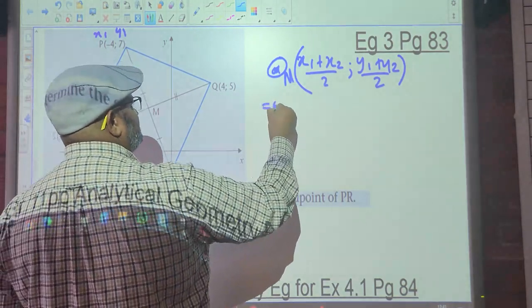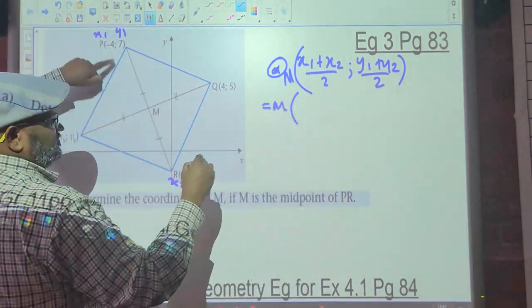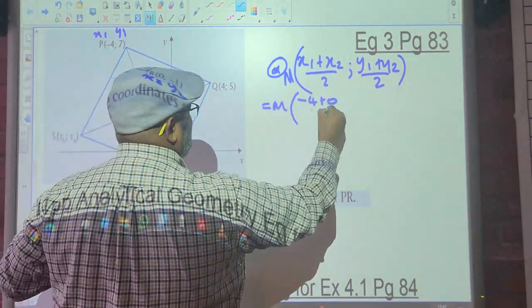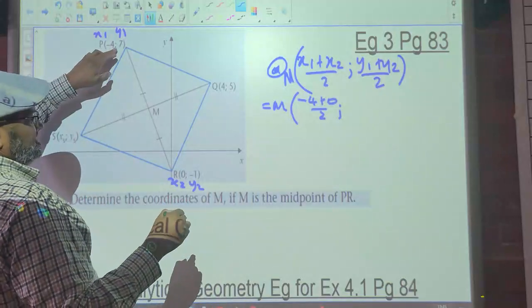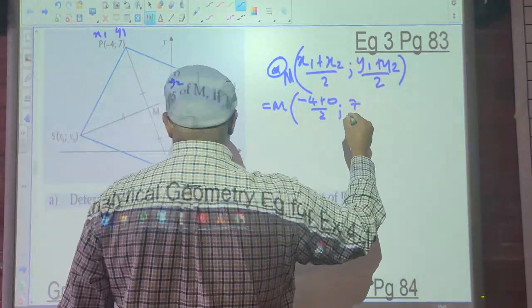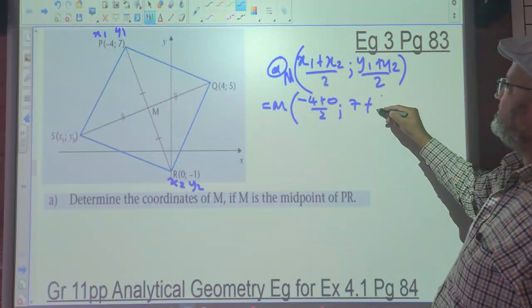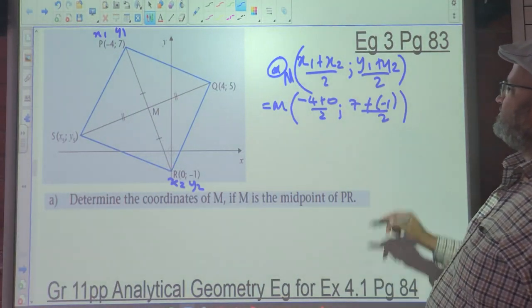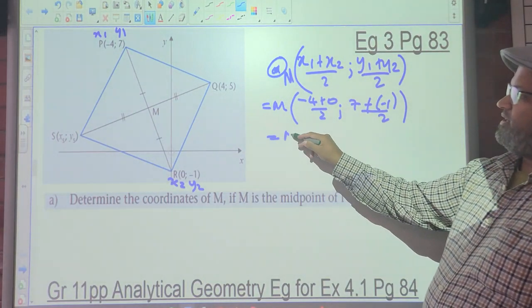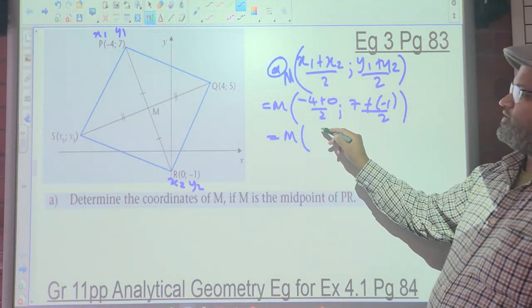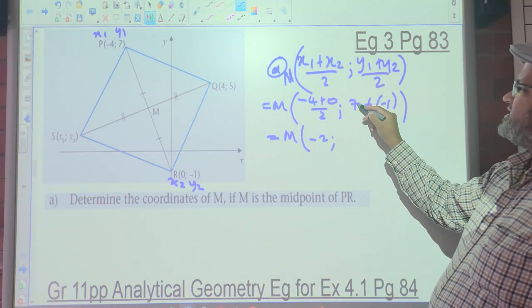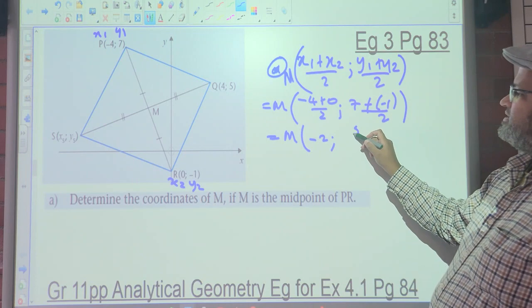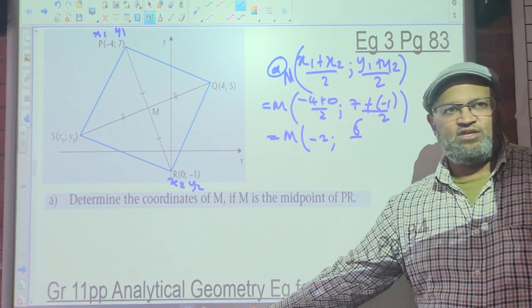So it's going to be (-4 plus 0) over 2 and (7 plus -1) over 2. So that's going to give me M. Negative 4 over 2 is negative 2. 7 minus 1 is 6 over 2, which is 3.